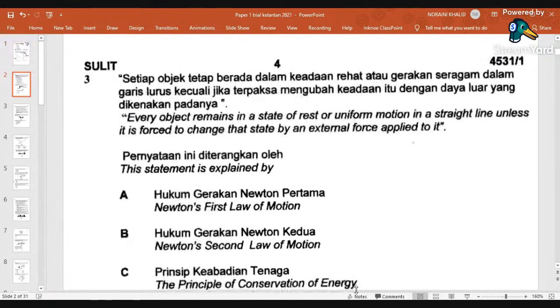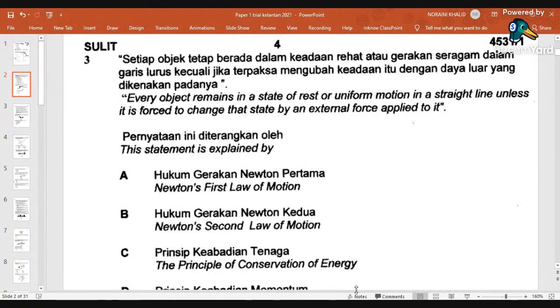Okay, number 3. Every object remains in a state of rest or uniform motion in a straight line unless it is forced to change, means external force act, that state by an external force applied to it. The statement is explained by. If you look at here, remain state of rest, okay, or motion.